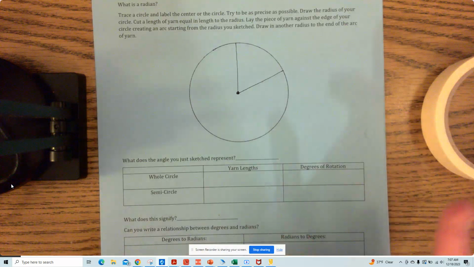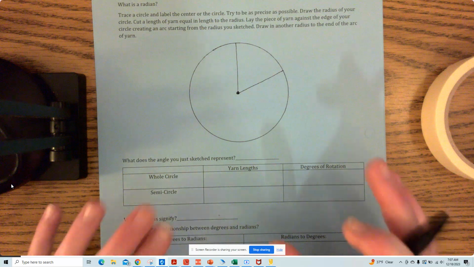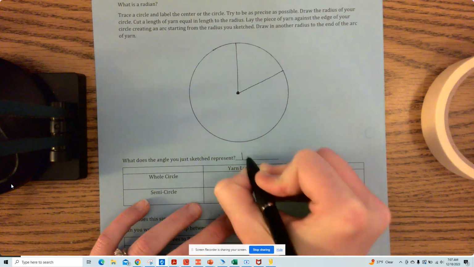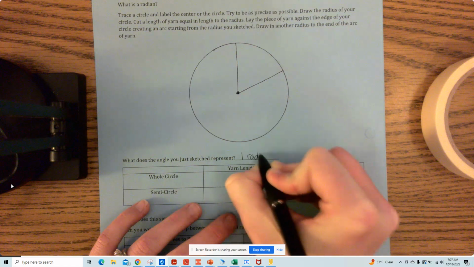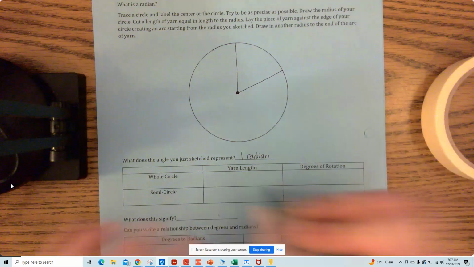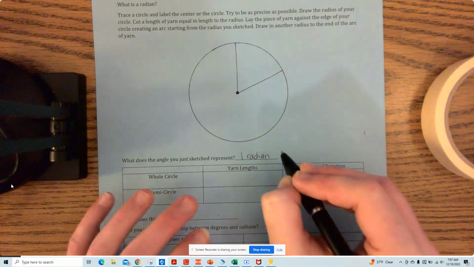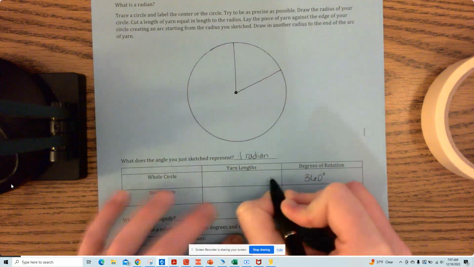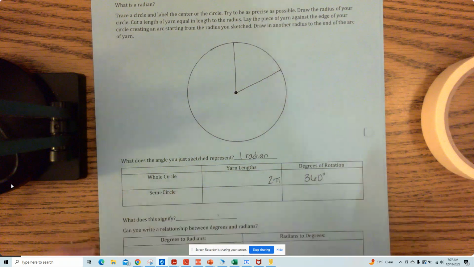What does the angle you sketched represent? We're going to say it's 1 radian. The whole circle is 360 degrees of rotation, or we can say 2 pi.